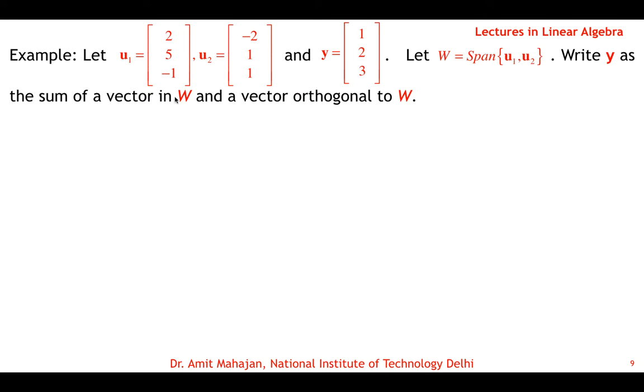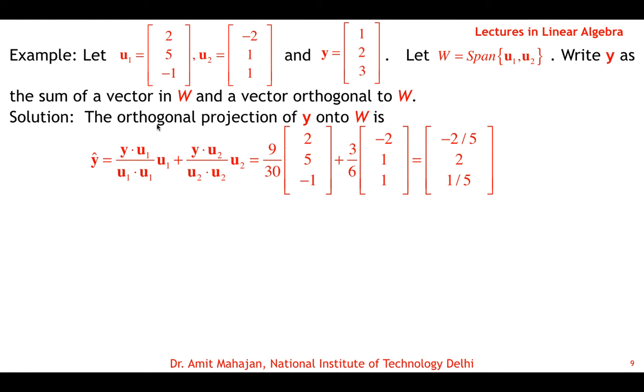Because we are taking it on a subspace, it is the same as writing y cap as the projection of y on u1 plus the projection of y on u2. So the orthogonal projection of y on the space w is the same as y cap, which is the projection of y on u1 plus the projection of y on u2.